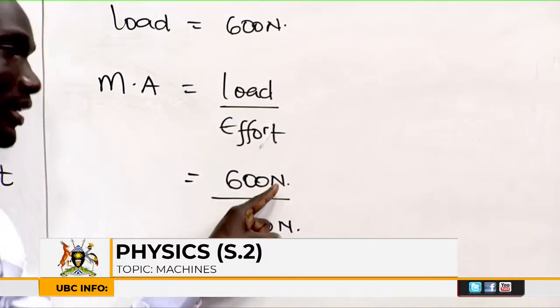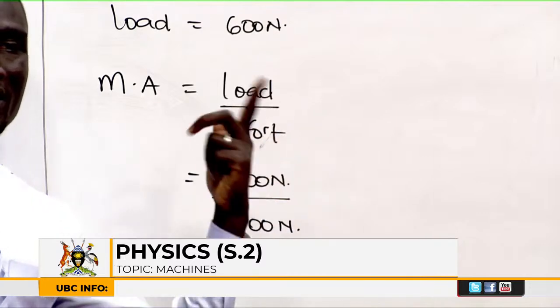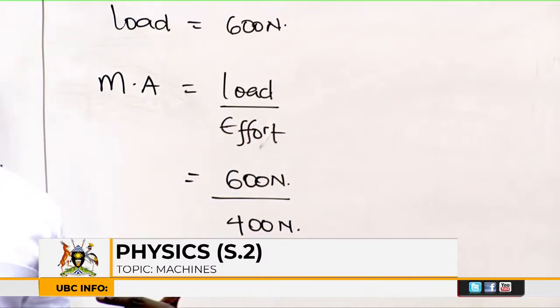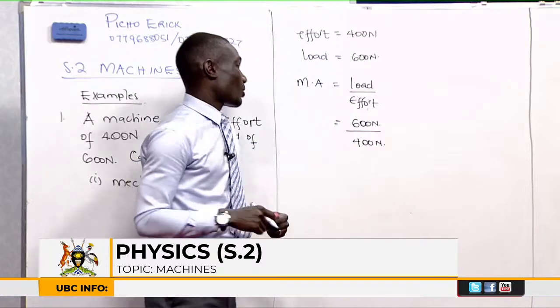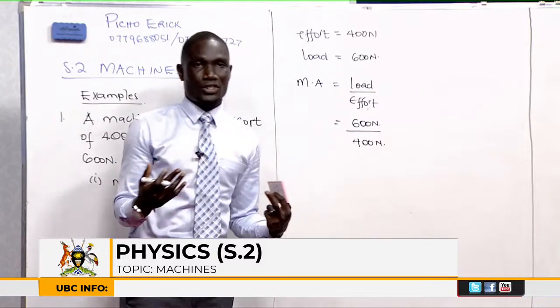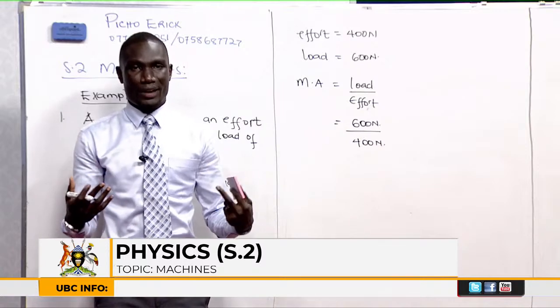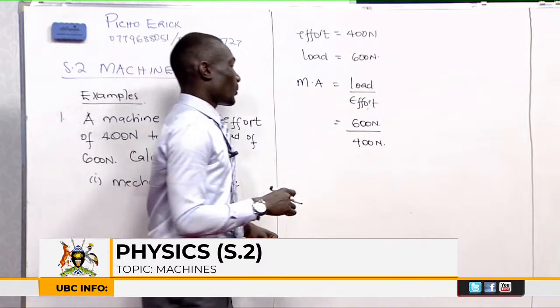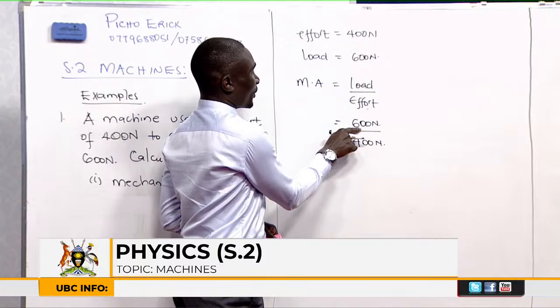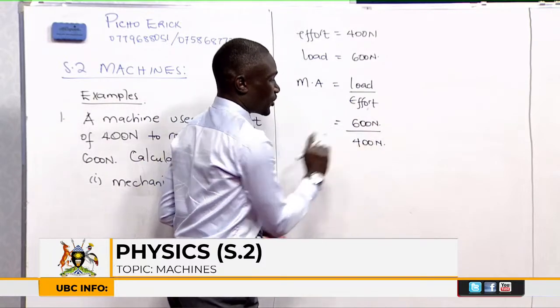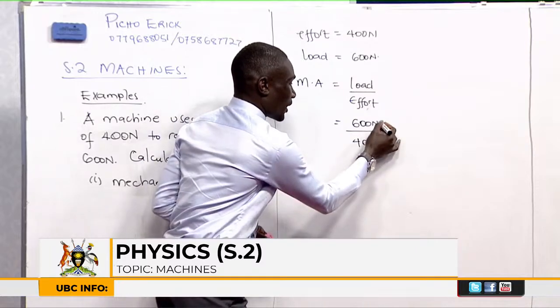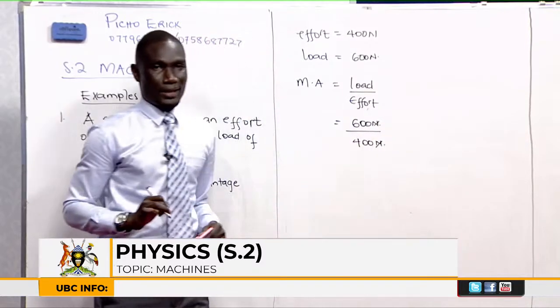Now, I am putting this here to re-echo what I mentioned last time, the reason why mechanical advantage has no unit. You remember? We said that there is an explanation that we gave for why mechanical advantage has no unit. So because the load is measured in newtons and the effort is also measured in newtons, this newton here ends up cancelling out with the other newton.